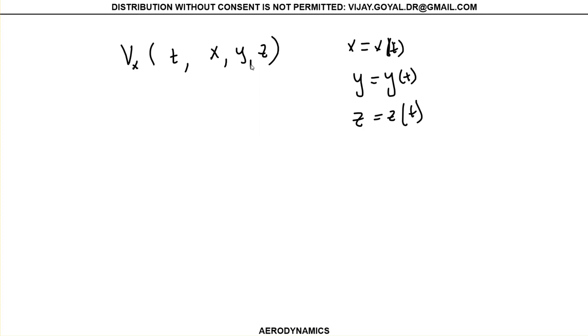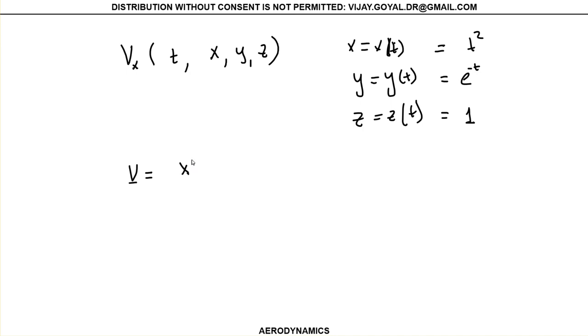So for an example, let's suppose this was t squared, this was e to the minus t, this was 1. Your velocity vector may look something like this.